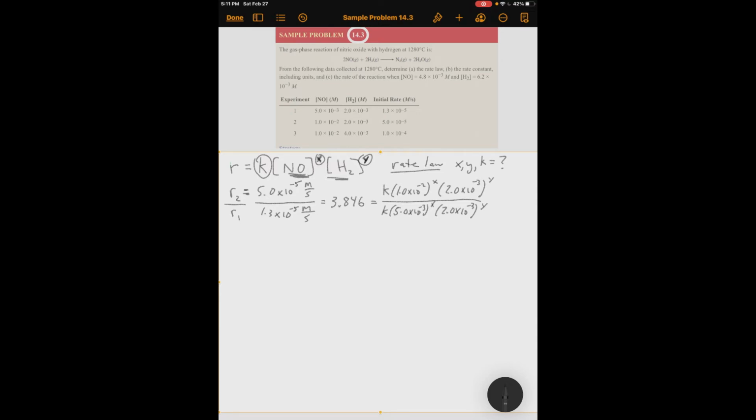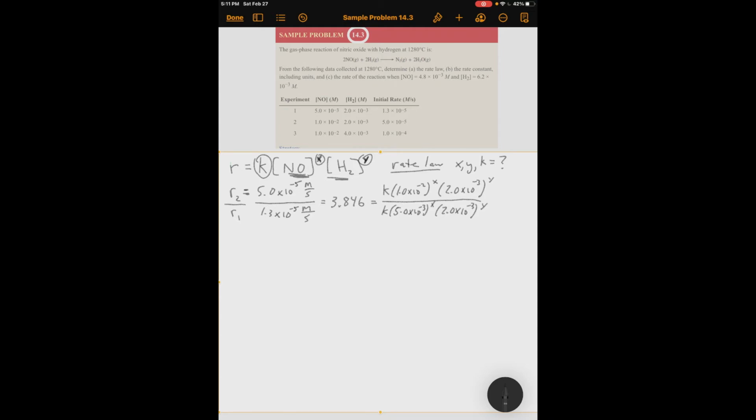The only thing that's going to be different are the actual concentrations. So be careful when you do these problems. It's very easy to get the numbers mixed up. There's a lot of scientific notation, lots of zeros and negatives and stuff. Make sure you check. I'm doing R2 over R1, okay? So I'm using the concentrations in that data set, in that table.